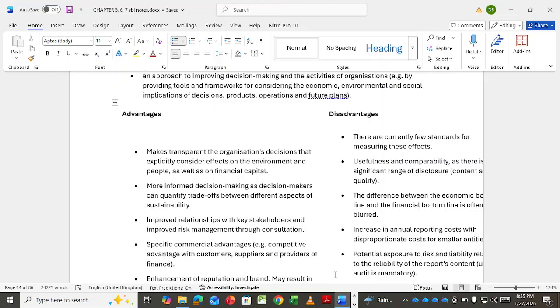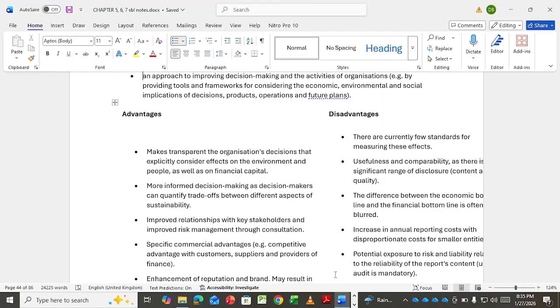We also have the problem of increased cost when you are doing the reports on a yearly basis, especially for smaller entities. We also have the challenge of potential exposure to risks and liability, because you are giving more information to other parties. They are looking at what you are planning, what you are doing for the social and the economic.